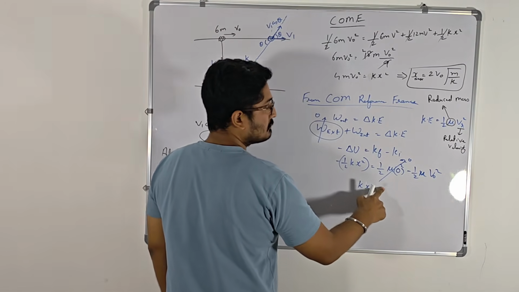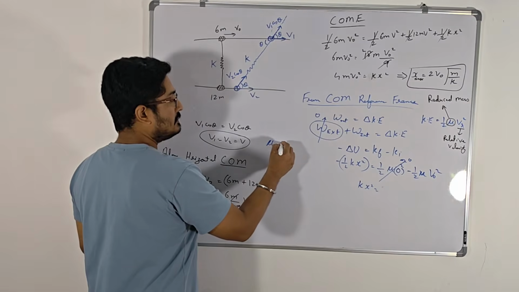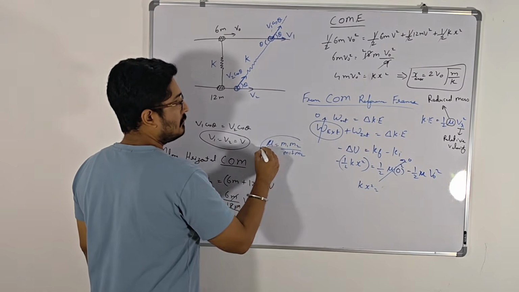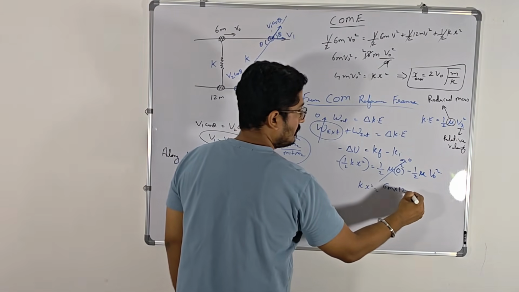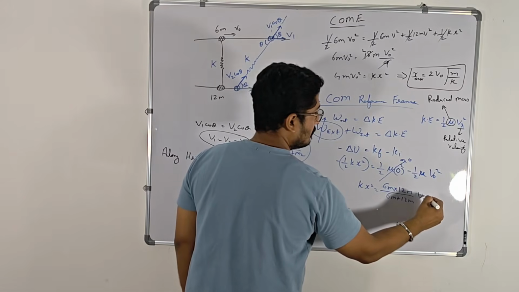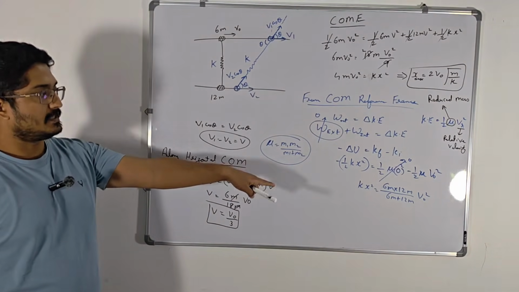Mu is nothing but the reduced mass. What's the formula for the reduced mass? Those of you who don't know, mu is always written as m1 m2 divided by m1 plus m2. This is the formula. So I can write it as 6m into 12m divided by 6m plus 12m, times v naught square. So this will become 72 by 18, which is 4.